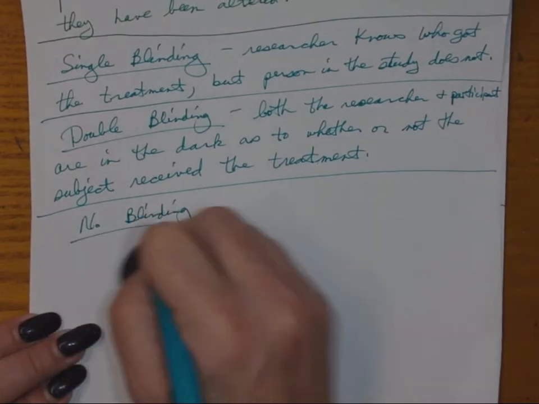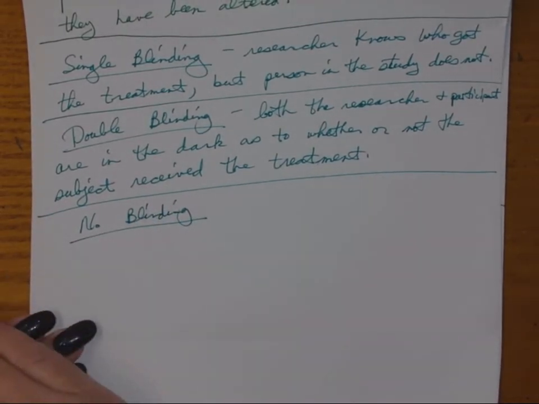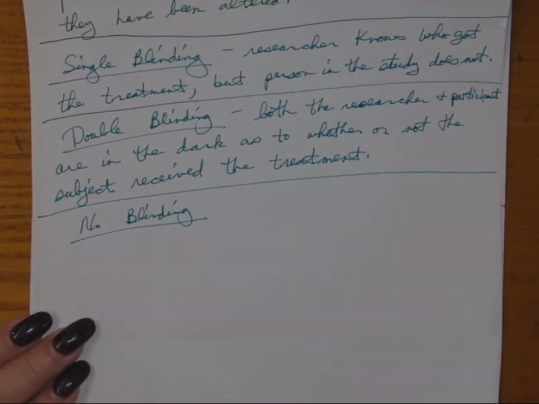Okay. So, for instance, if I'm doing the tomato thing, the fertilizer, then nobody needs to be blinded, right? There's no way I can affect their outcome. It's a tomato plant, right? So no blinding necessary. Everyone knows where the treatment was and where the treatment wasn't.